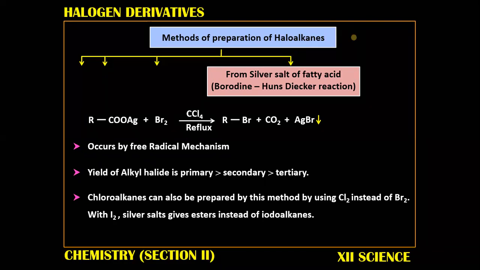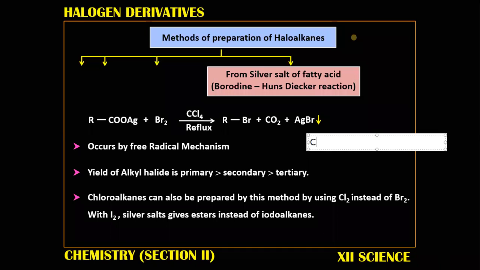I'll give you an example now. CH3COOAg. This is called silver acetate, silver salt of acid. IUPAC name is silver ethanoate.